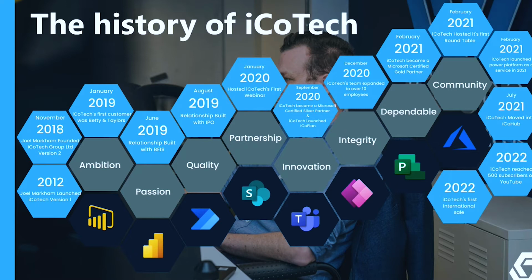In fact, the concept that Joel had was back in 2012 for iCotech, but he had other things going on in his day-to-day job, so we really went live in true version 2 style in November 2018, and there's been a journey there, picking up clients, I'm pleased to say, along the way, both in public and private sector. IPO is one of the names you might recognize on there, BEIS, the government department, and if you're a tea drinker like me and you like Yorkshire tea, you'll notice the name Betty's and Taylor's on there, the producers of Yorkshire tea.